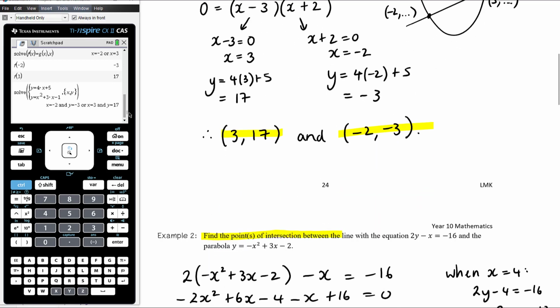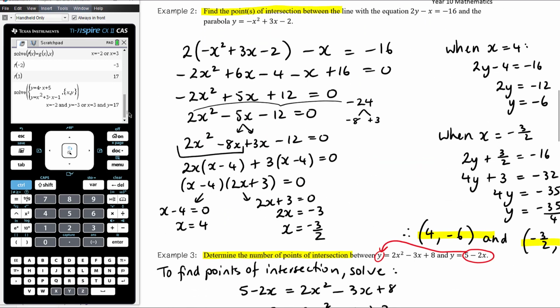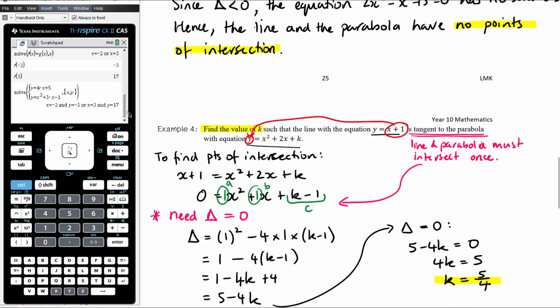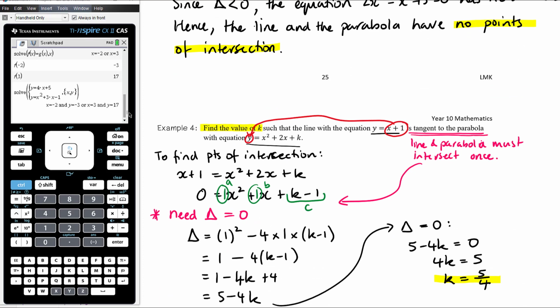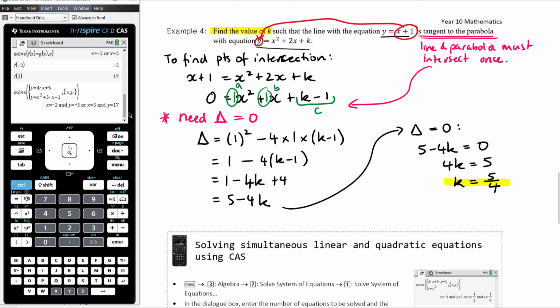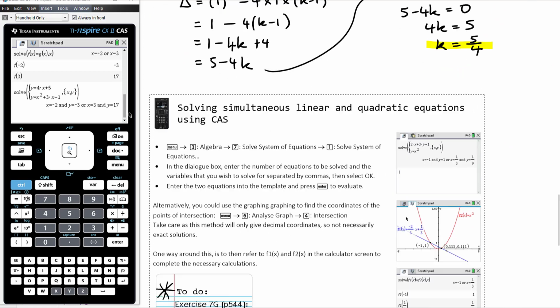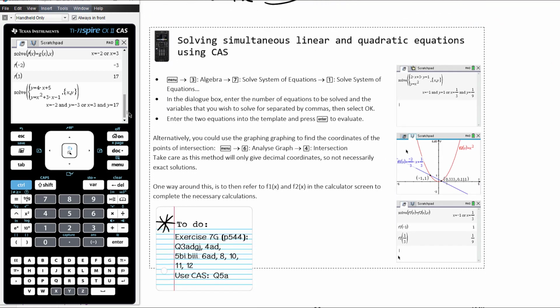And what underpins that is you having a clear understanding of what's happening when you're finding points of intersection: that you're solving equations simultaneously, how you go about finding the y values again, that you're finding the points of intersection between two graphs. So this little box outlines how you can solve them using the simultaneous equations, or how you can use your graph, or how you can use the function definitions once you've graphed them, or you can define the functions yourself in the calculator screen using menu 11.